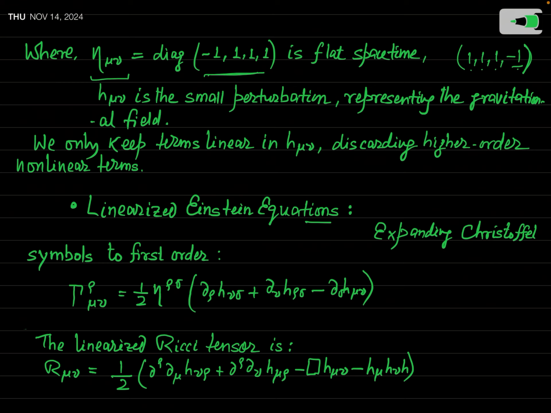And as I have told you, this h mu nu is the small perturbation representing the gravitational field. Now we only keep terms linear in h mu nu, discarding higher order nonlinear terms, so that the Einstein field equation will become linear and its solution will be easier. So now we are going to see what is the linear form of Einstein's field equations.